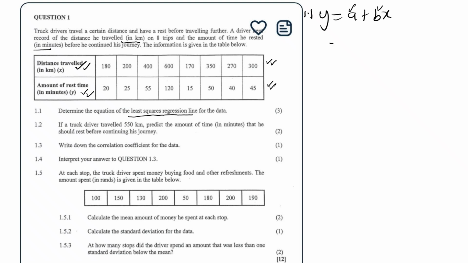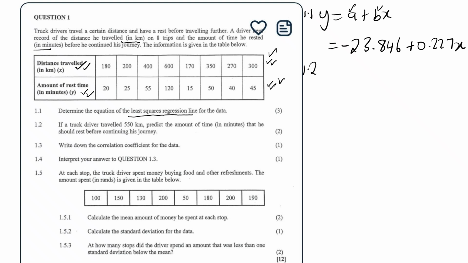If you insert this data, this is your x variable and this is your y variable. Therefore your a is minus 23.846 plus your b, which is 0.227x. So this is the equation of your least square regression.